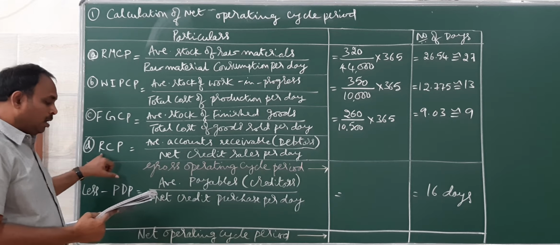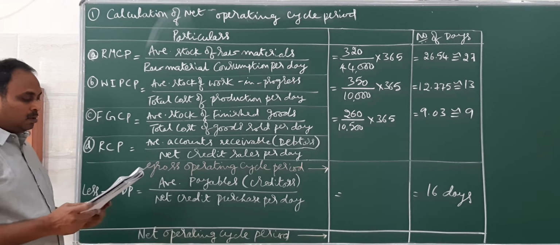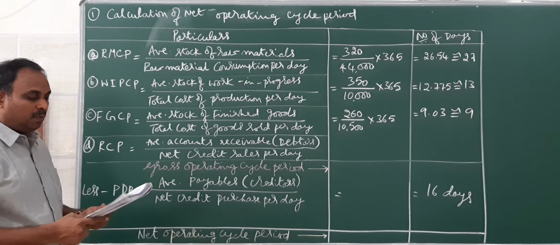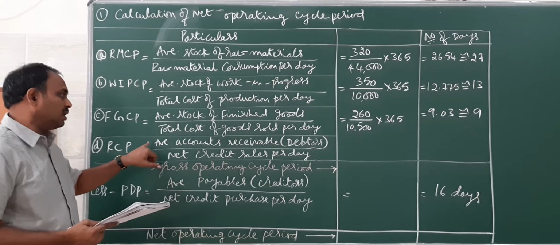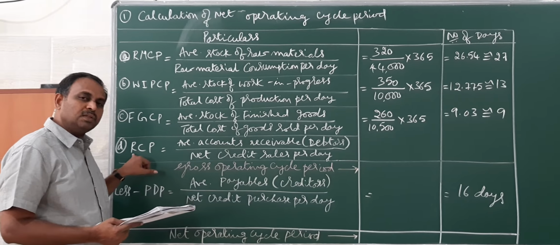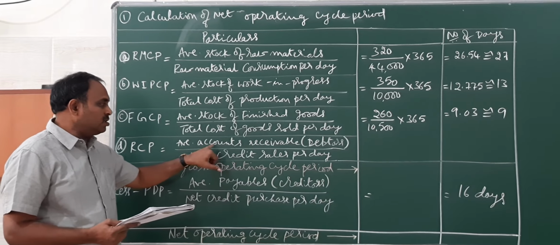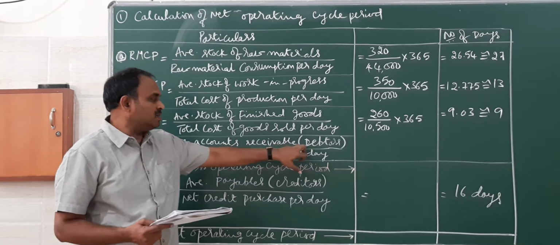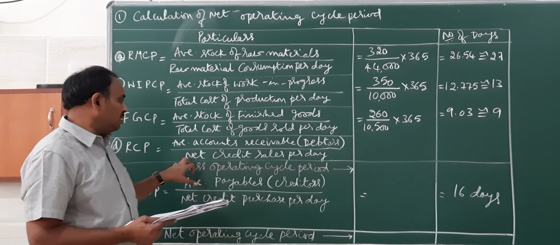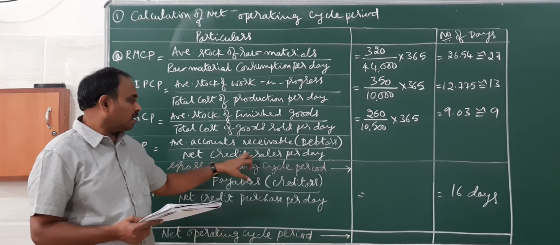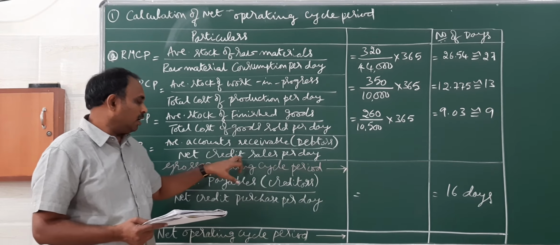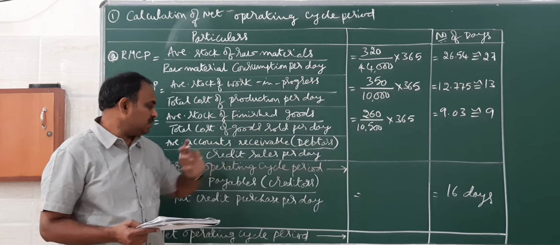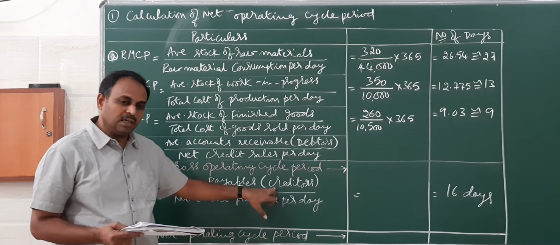Next one is RCP, the receivable conversion period. It is connected to debtors. When you sell goods on credit, it becomes receivable. Average accounts receivable means debtors. So it is average debtors divided by net credit sales per day. You have to relate: regarding credit sales, it is debtors; regarding credit purchase, it is creditors.